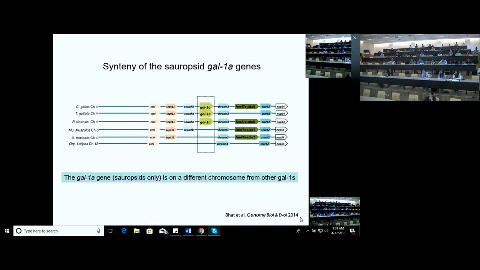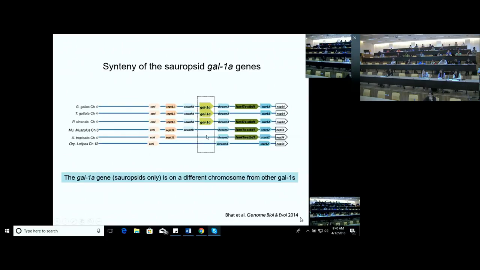So now we're at a different chromosome. And in the case of the sauropsids, here's again chicken, zebra finch, turtle. We have galectin 1As on a completely new chromosome. You can see that the environment, the contigs, are similar, and there's nothing in mammals or amphibians or in fish in that region.